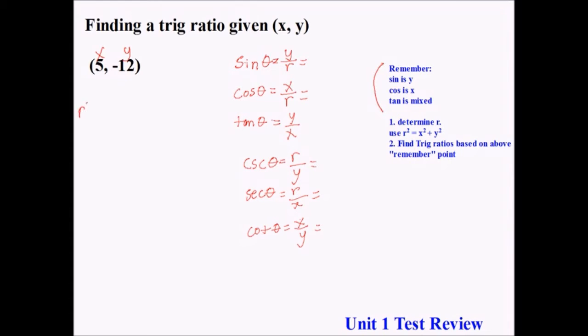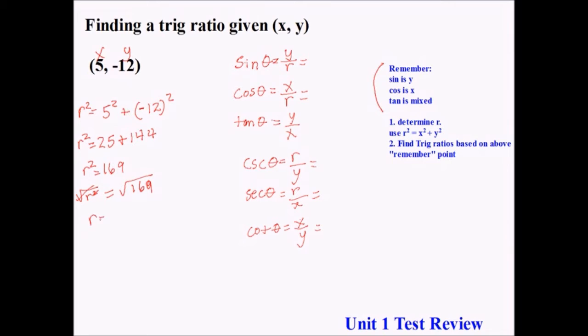So it's r squared equals 5 squared plus, and then you have to put this in parentheses, negative 12 squared. So r squared is equal to 25 plus 144. Two negatives when you multiply gives you a positive. r squared is equal to 169. When you square root both sides, these cancel.